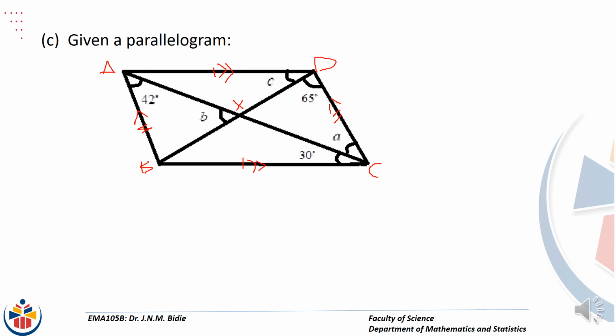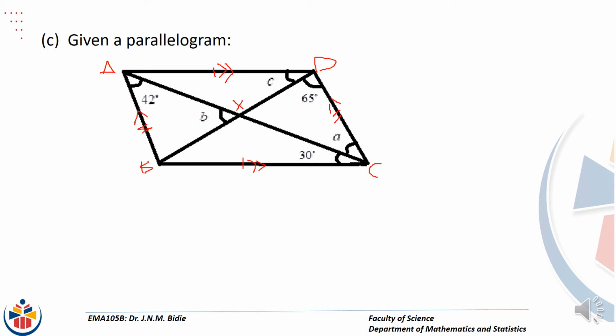BAC is 42. And I'm looking for the value for A because of those parallel lines, AB and DC, then that means A is also 42. If A is 42, that means that whole angle is 72 degrees.